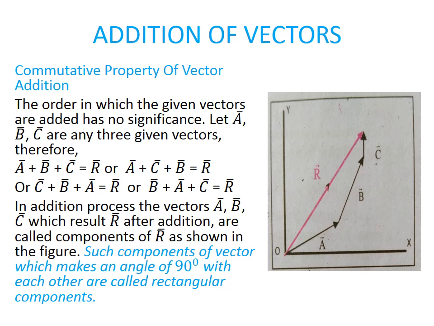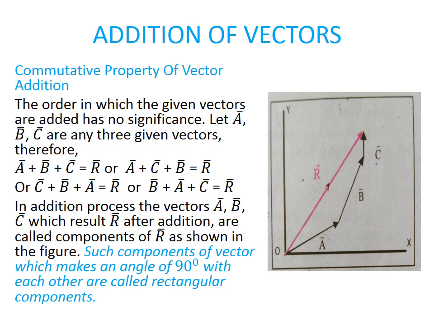Therefore, vector A plus vector B plus vector C is equal to the resultant vector R. Or we can also write vector A plus vector C plus vector B is equal to the resultant vector R. Or vector C plus vector B plus vector A is equal to the resultant vector R. Or vector B plus vector A plus vector C is equal to the resultant vector R.